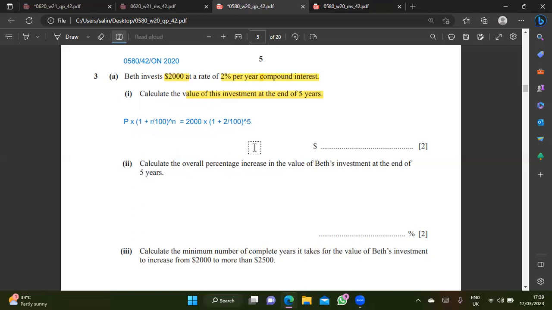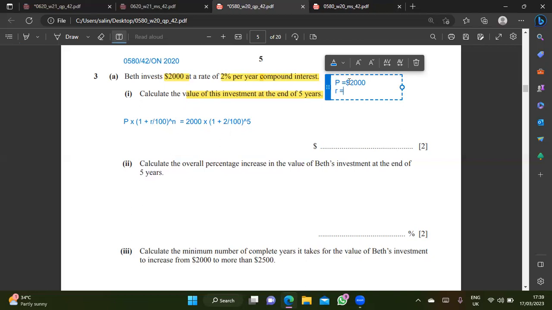Yeah. In order to make things easy for you, we're just going to put down the values. P equals 2,000, that's the principal.